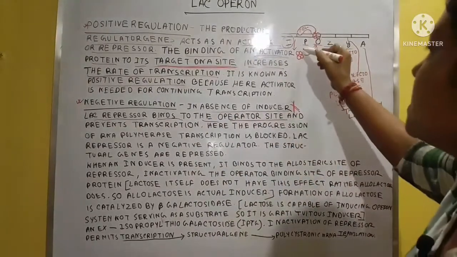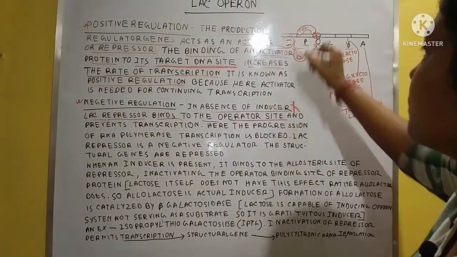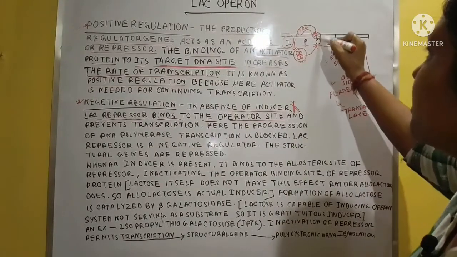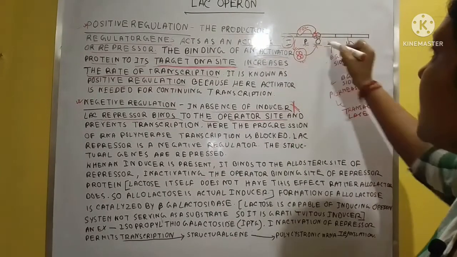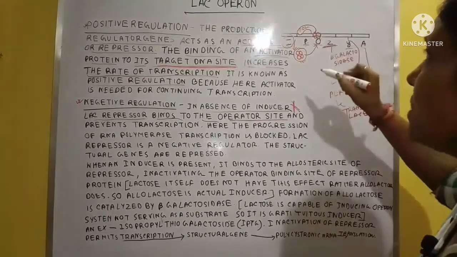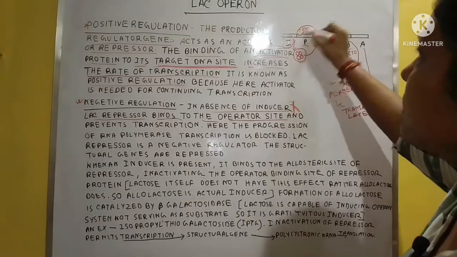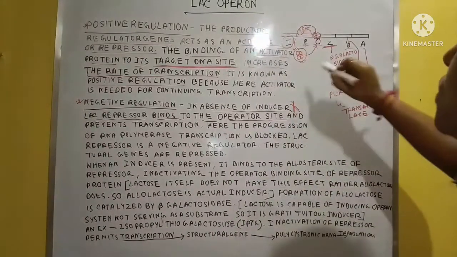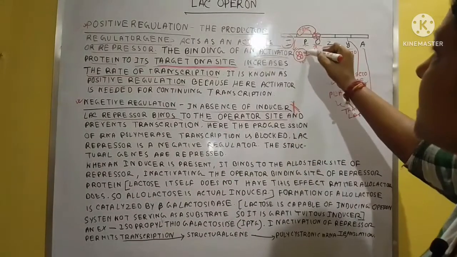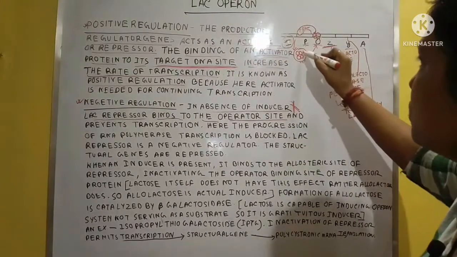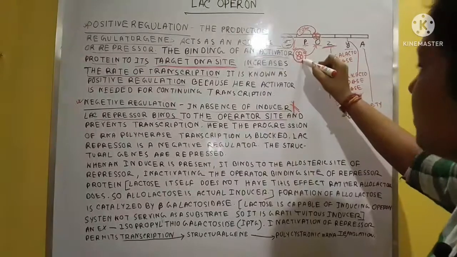Suppose this is the repressor protein. You can see this is the repressor protein, and it binds to the operator site, just between the promoter and the Z structural gene. And P is the site of the RNA polymerase. The regulator gene produces one kind of protein, called the repressor protein.